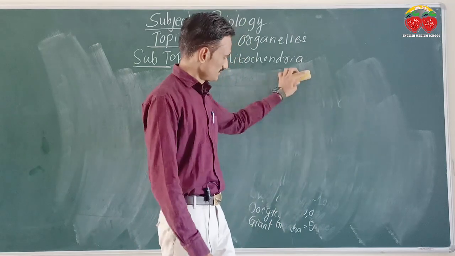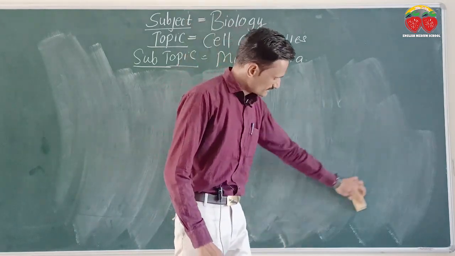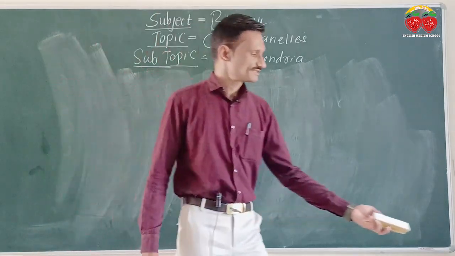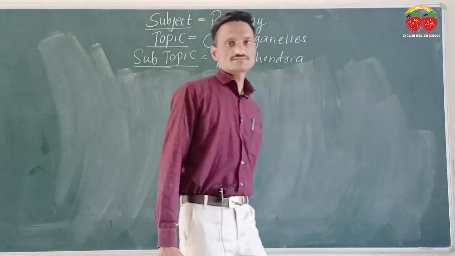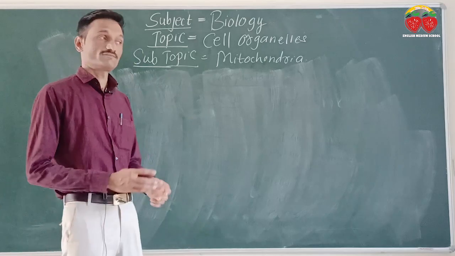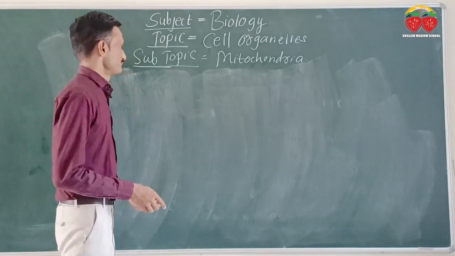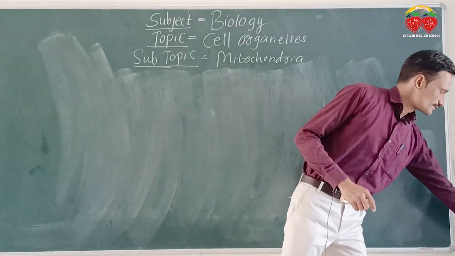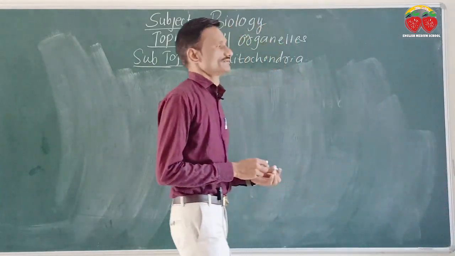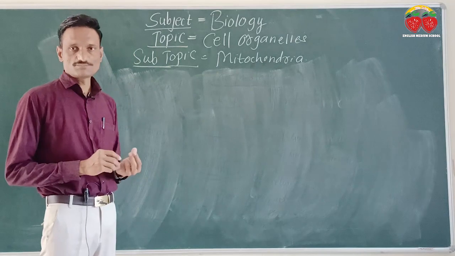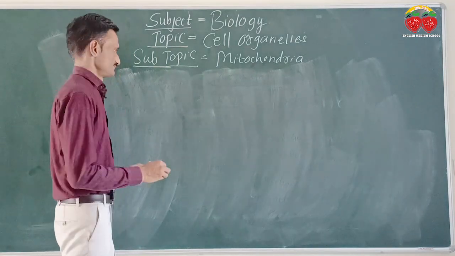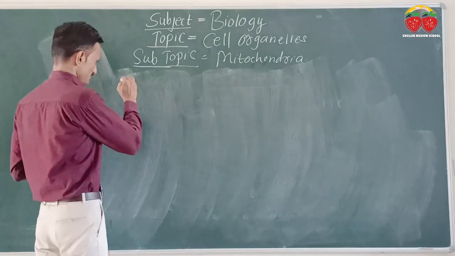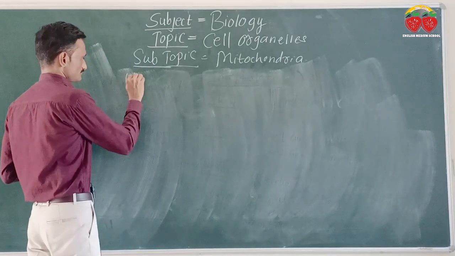Especially when we are studying cellular respiration, how substrates are oxidized inside the mitochondria, ultrastructure is very important. According to the ultrastructure, mitochondria shows two membranes and two chambers. I repeat, two membranes and two chambers.